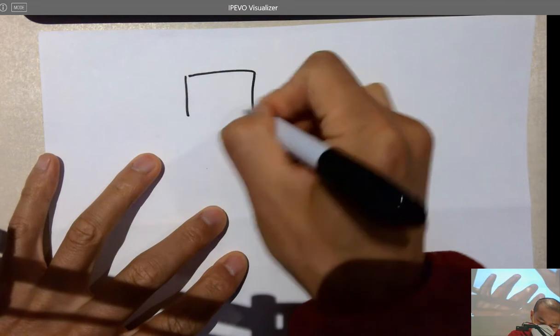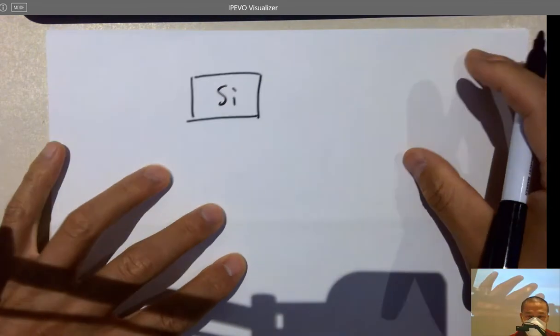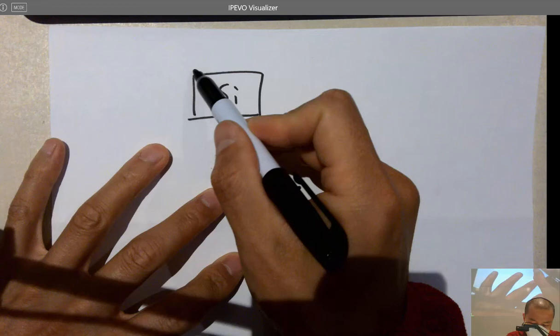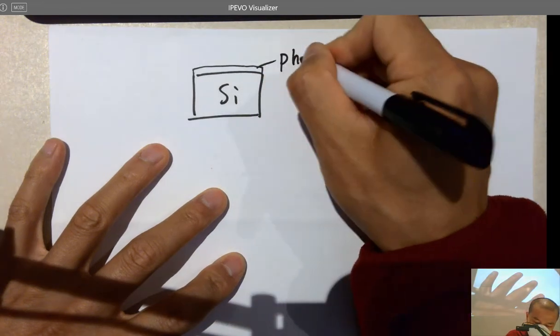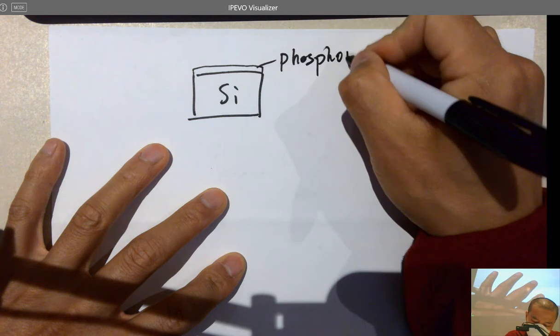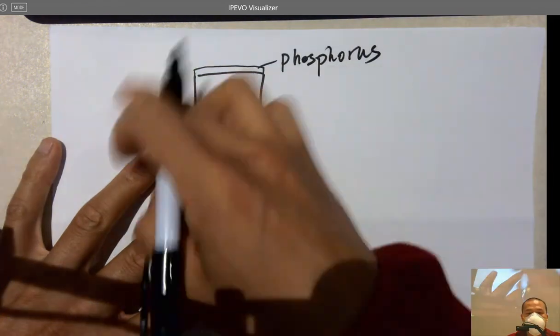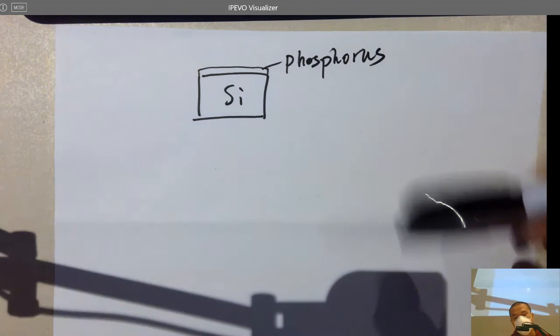A piece of silicon, I just put some phosphorus on the top and then place everything into the furnace.